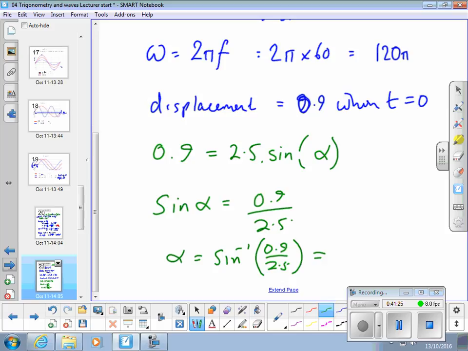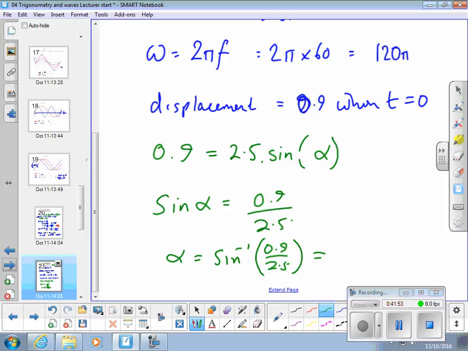Your calculator should be in radians, so you should get your answer in radians. 0.37.